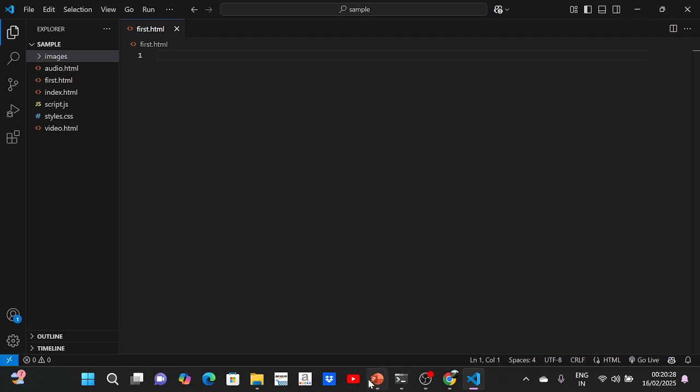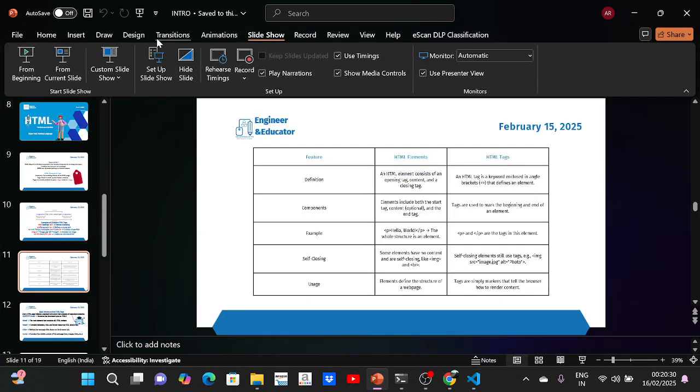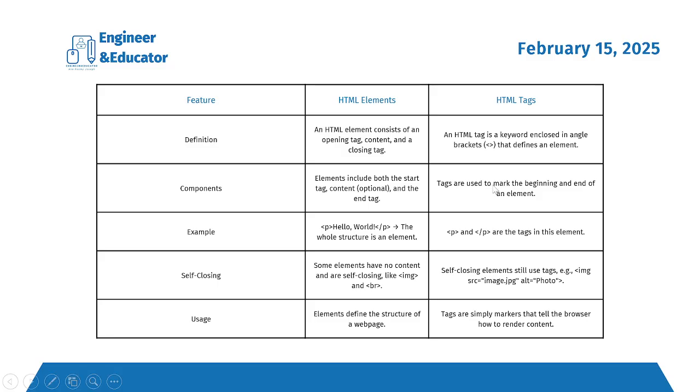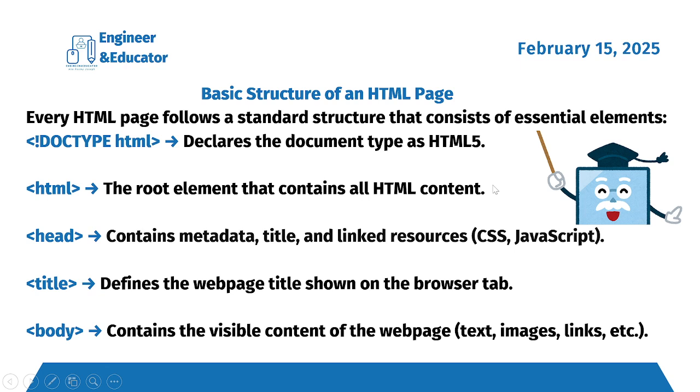But prior to that, from the current slide, we'll start the basic structure of an HTML page. I'll teach you what it is, and later I will show you how to make it in the web browser.